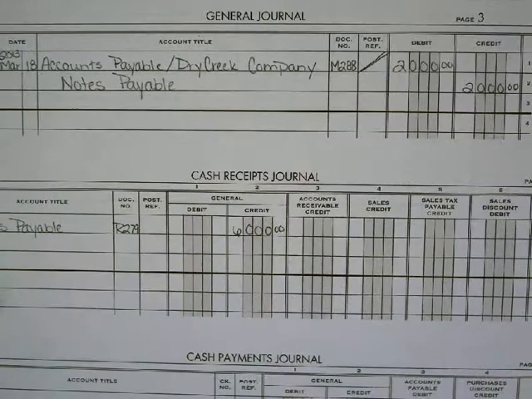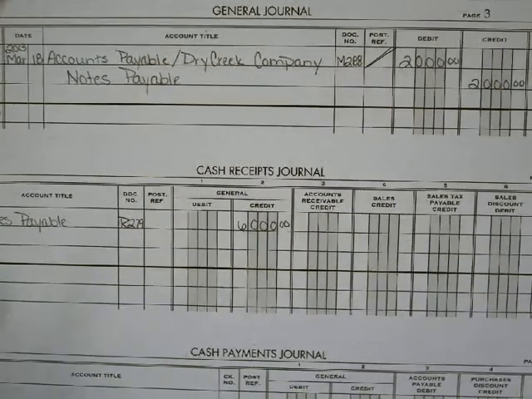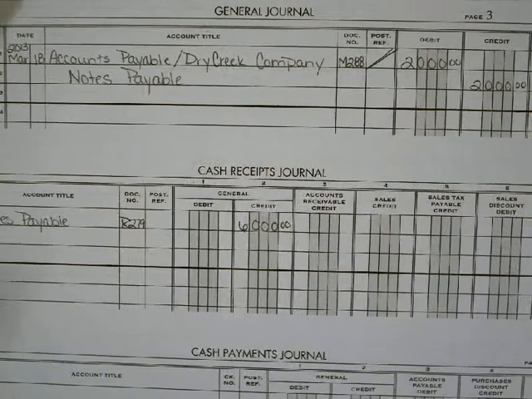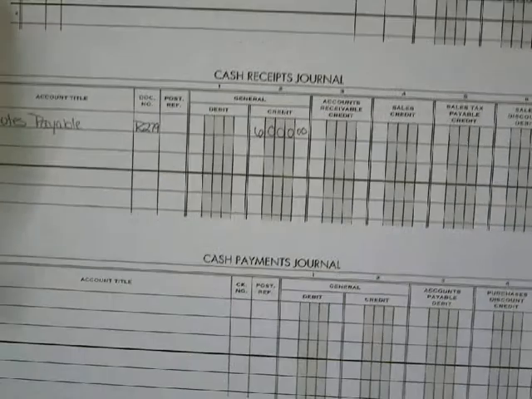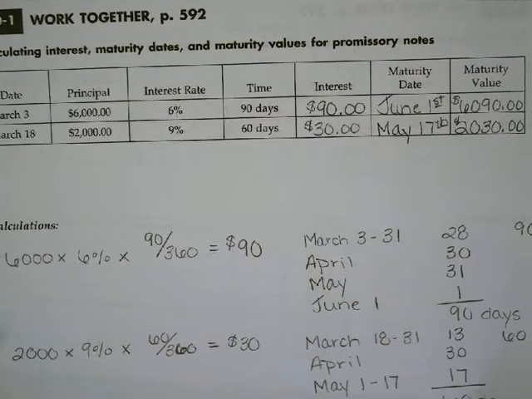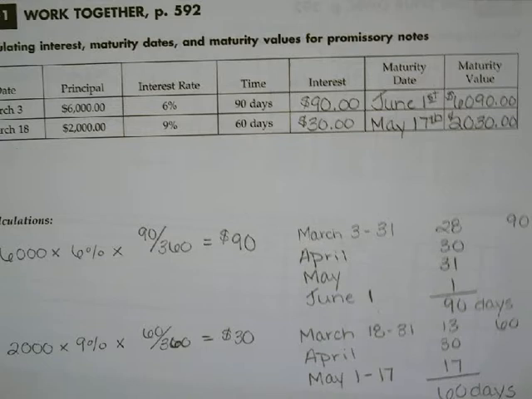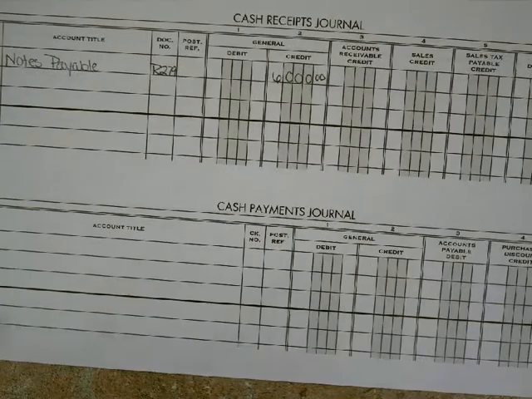Okay, then it tells us to journalize the following transactions on page 9 of the cash payments journal. We're going to use the maturity dates and maturity values calculated in our work together 21. So you do need this one sheet because we're going to be looking at our maturity dates and our maturity values. Okay. Our first one, it says that we paid cash for the maturity value of the $2,000 note.